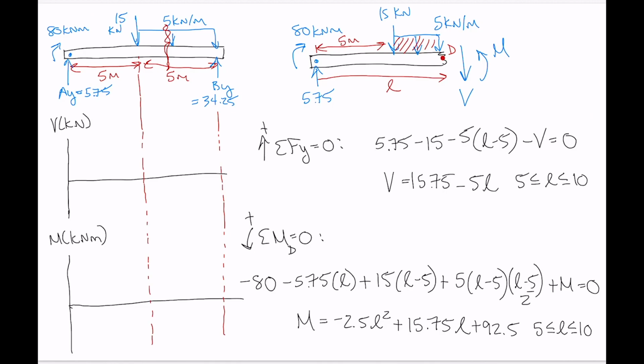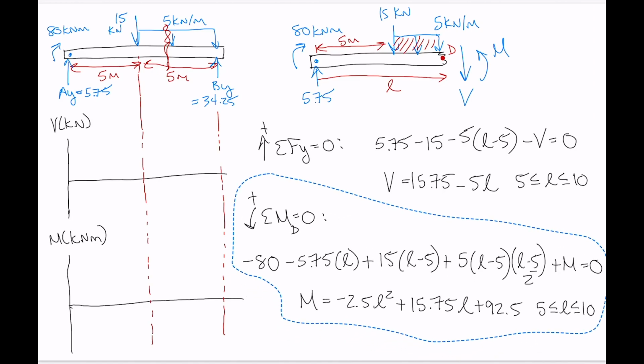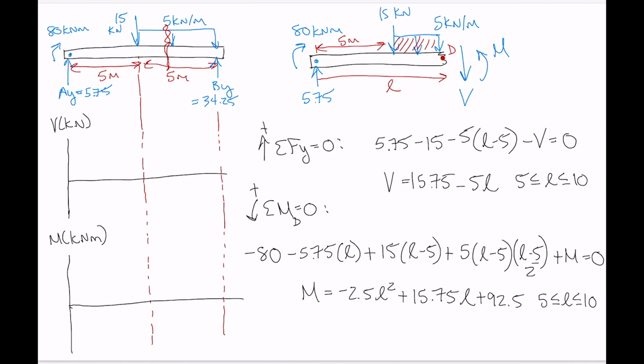Now the third step that we left out here, which is kind of implied but I didn't write, is just after you build up the set of equations, then graph your shear and moment diagrams. So 3, graph or plot V and M diagrams.